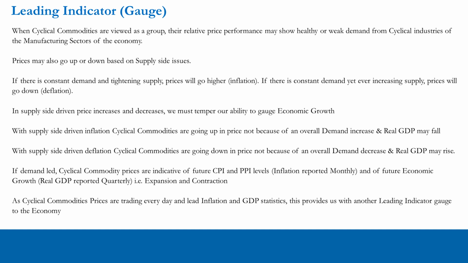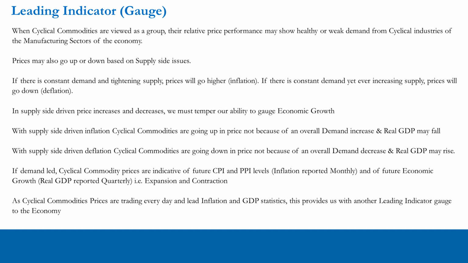If there's constant demand, yet ever increasing supply, prices will go down. So we have the opposite. We have deflation from increases in supply given a constant level of demand.